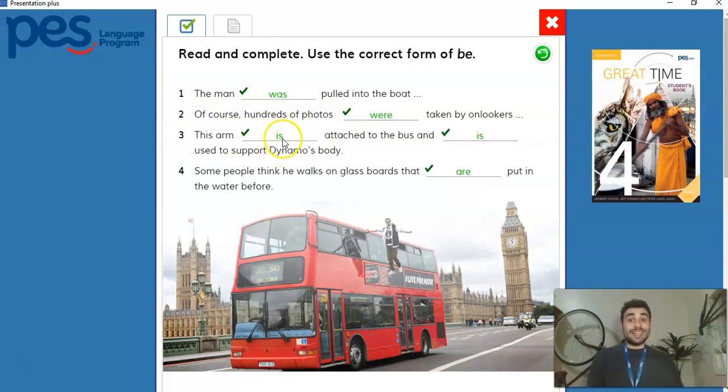Here, I am using is because I am referring to this arm, and is again because it's referring again to the same arm. Okay? And in number 4, I am using are because I'm talking about the glass boards, which is plural. Okay? Good. I hope you are happy with these answers, right?